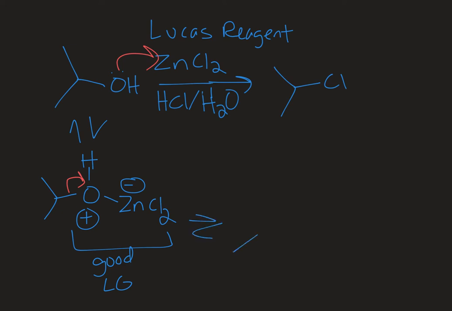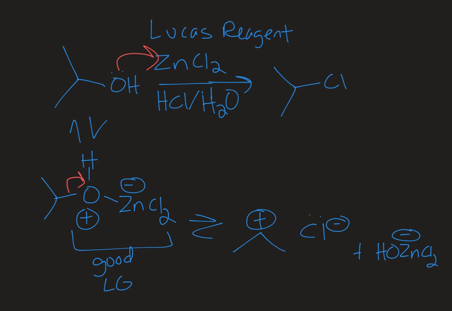So that would give me this. And now I'm going to have chloride ion just floating around in solution because you have HCl in there. It's a strong acid, so it's going to be dissociated. Now, I also would have, as a byproduct over here, this zinc complex, which would have popped off as my leaving group.